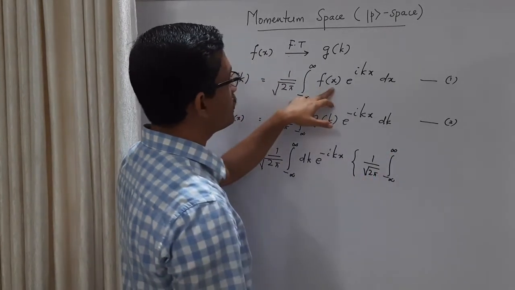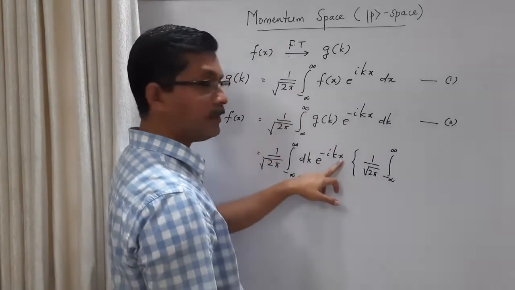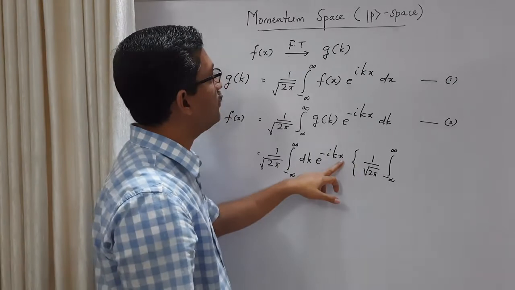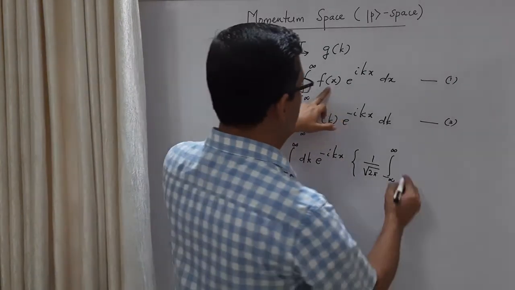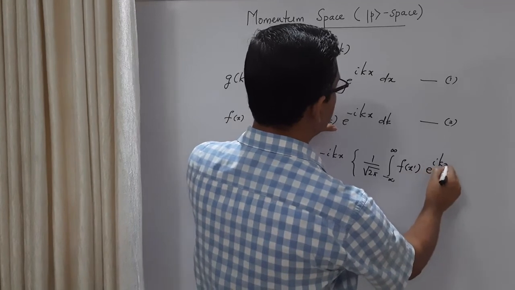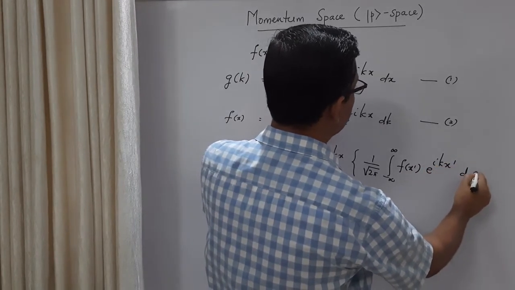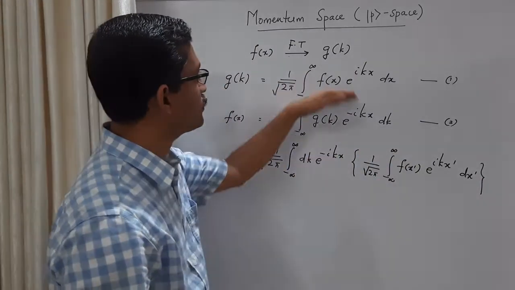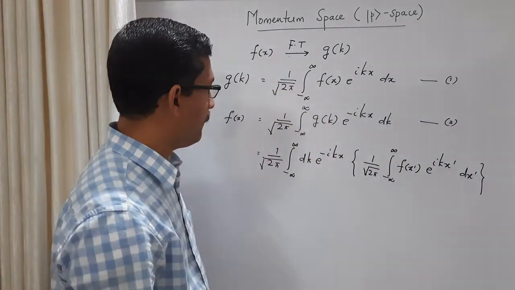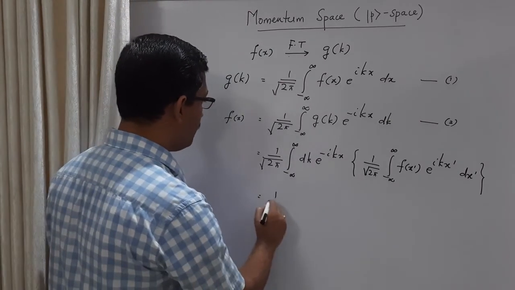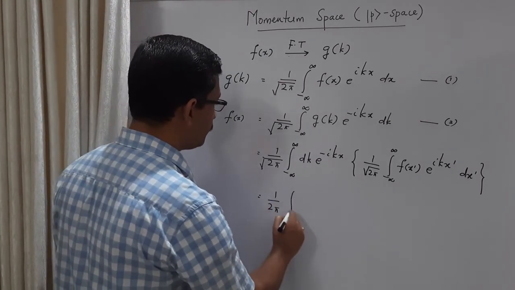Then we have to substitute this. But x already appears here, so let us use another dummy variable x prime. So f of x prime e raised to i k x prime dx prime. This is for g of k. I have substituted equation 1 for g of k. So 1 by root 2 pi and 1 by root 2 pi we can combine as 1 by 2 pi integral.